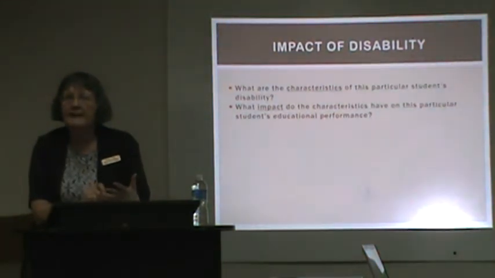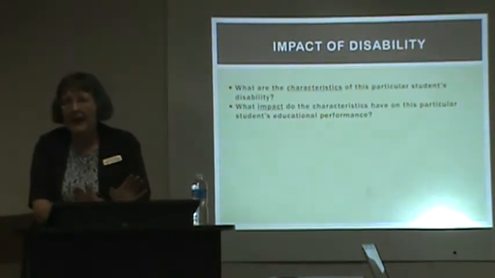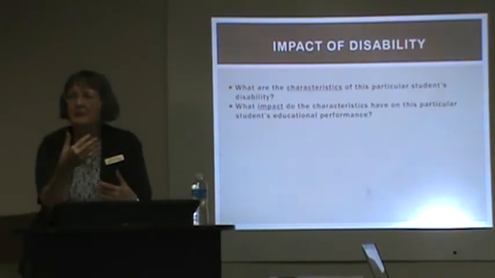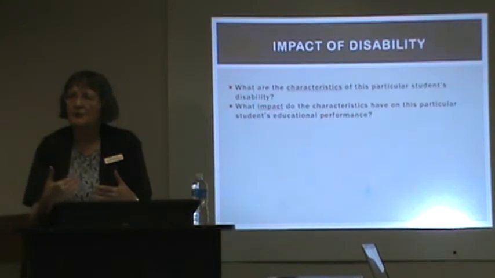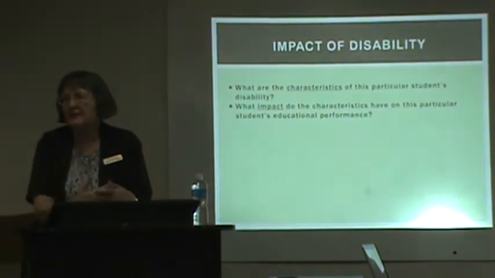And what impact do those characteristics have on this particular student's educational performance? So we can't just give the impact, we have to give the characteristics of the disability and then how those characteristics impact their education.